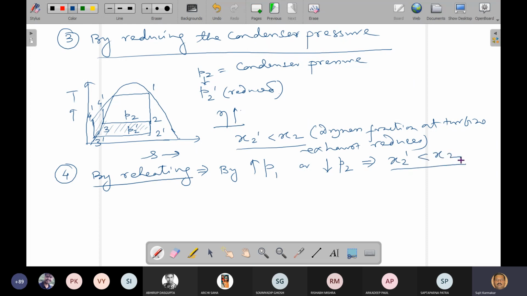In both the cases the dryness fraction is reduced. So one of the ways to improve x2 dash is to go for reheating.